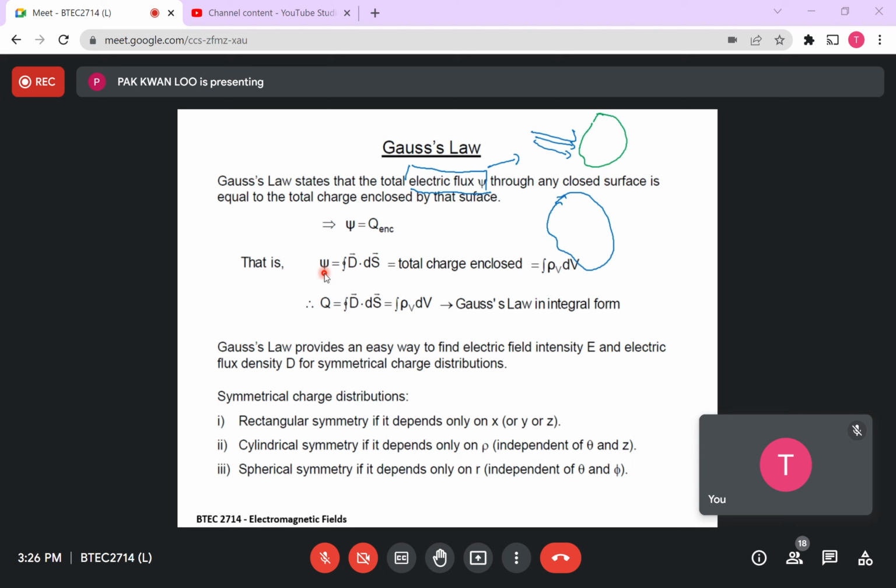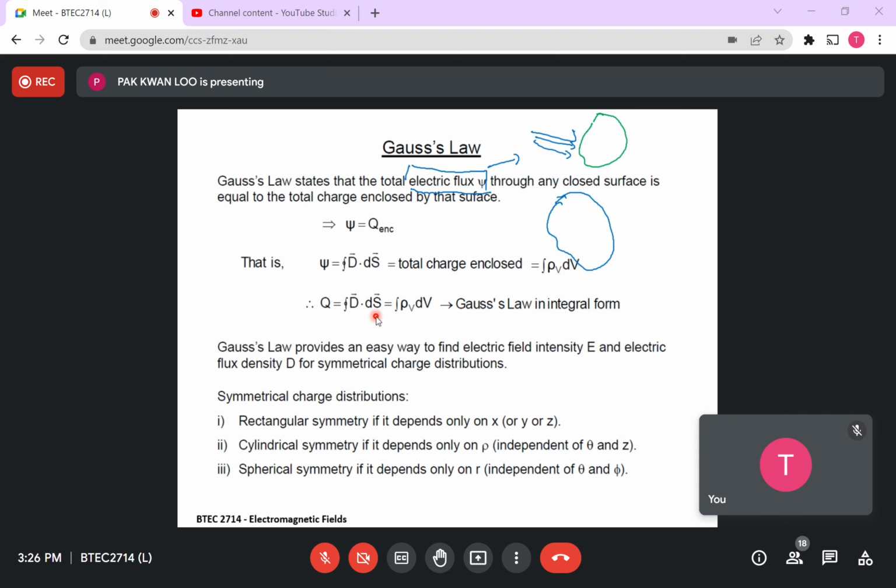If we perform a dot product of this vector field with the surface area of the balloon and sum everything, represented by the integration, that is equal to the charge enclosed.